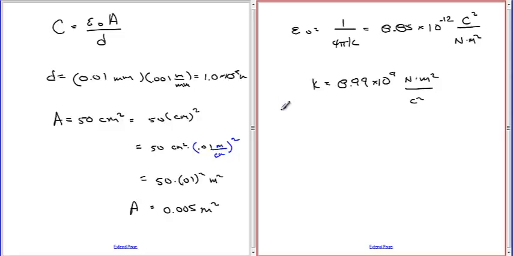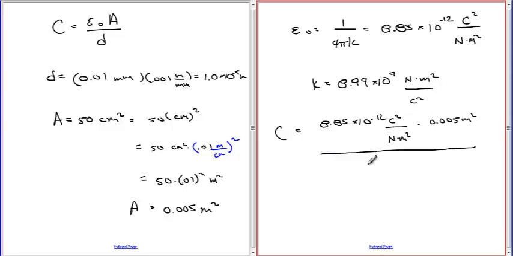Okay, so let's calculate the capacitance. If we have a capacitor that has this spacing between the plates, has this area, and this epsilon 0, which is always the same. So we get 8.85 times 10 to the minus 12th coulomb squared per newton meter squared times the area, which is 0.005 meters squared, divided by the distance, which is 1.0 times 10 to the minus 5 meters.